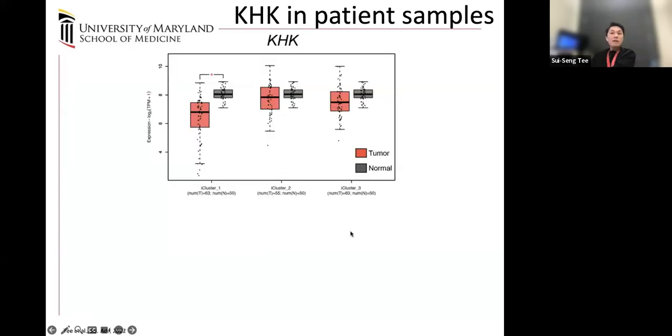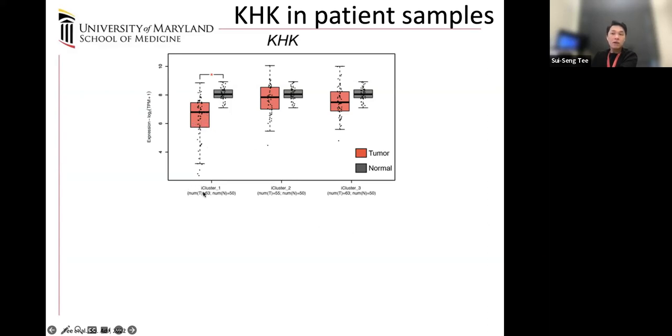So how about in liver cancer patients? This is an example of RNA expression in liver cancer patients. We can see that in I cluster 1, which is just a clustering of patients based on their genetic profiles, KHK expression is significantly downregulated.